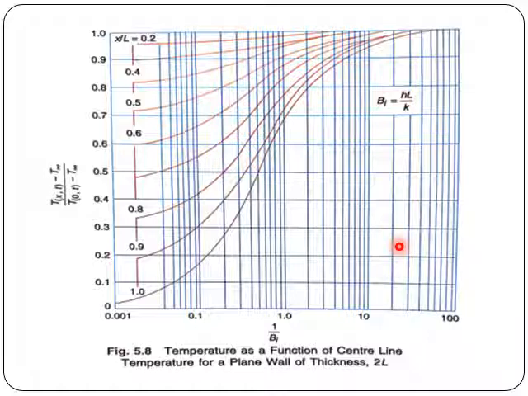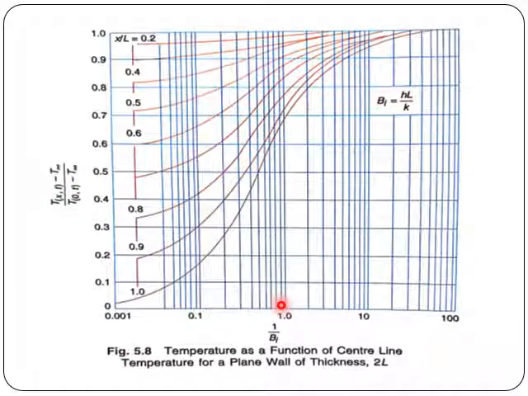I can also get the temperature at the surface using x by L equal to 1. I can also get temperature at x by L equal to 0.2, 0.4, 0.5, 0.6, any value in between 0 to 1. So these two charts can be used to obtain temperature at any location, or if temperatures are known, I can get value of time.